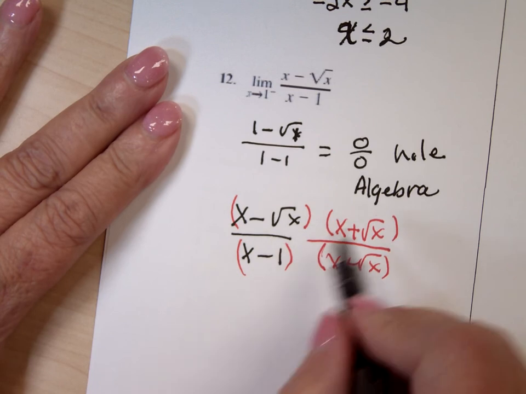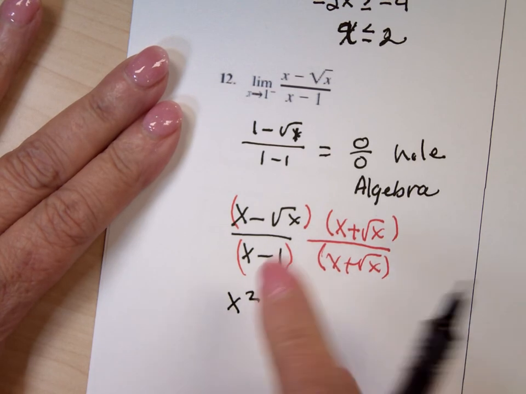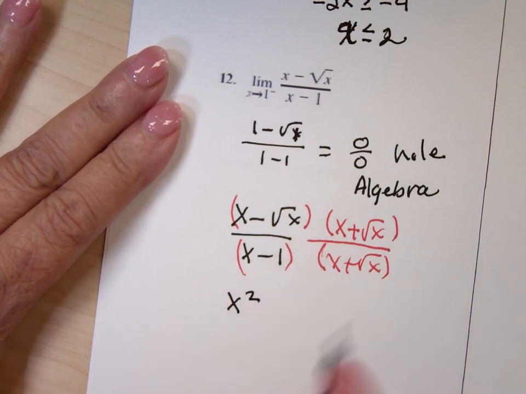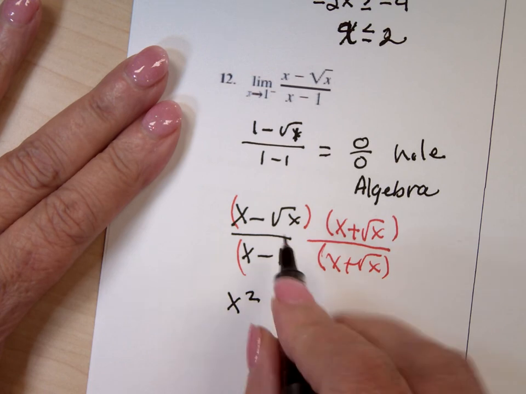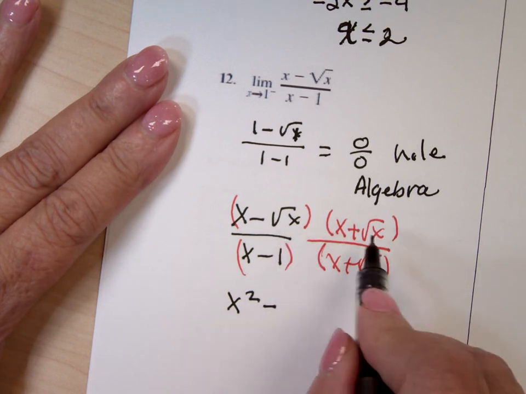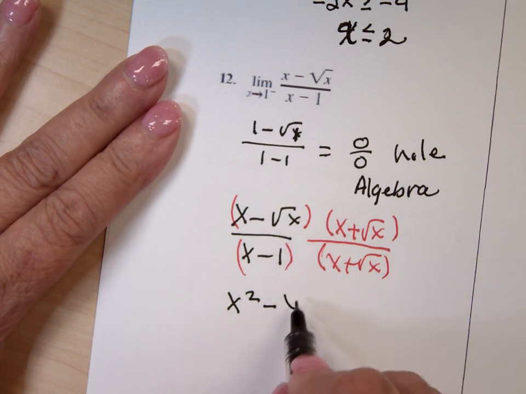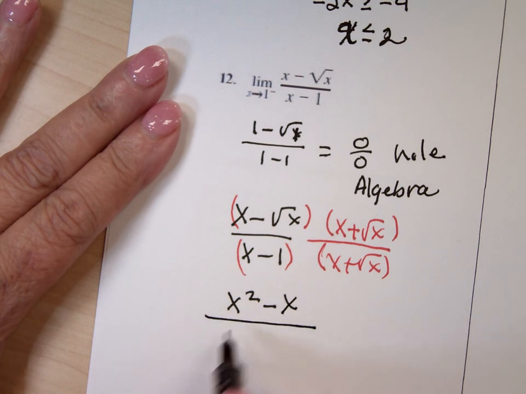So x times x is x squared. Inner outers add to 0. Last is minus. Square root of x times square root of x is just x. And then I leave the denominator alone.